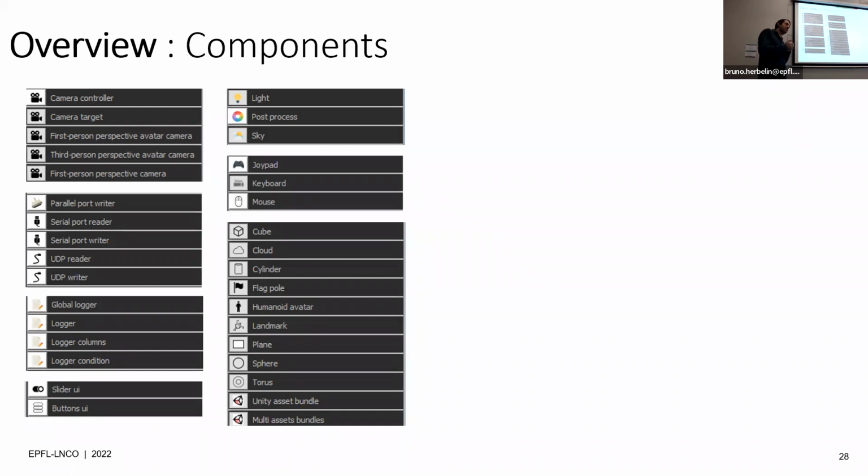You don't specifically need to use it, but you can define your own scene in Unity, create 3D stuff and have a nice rendering like you want, and you can save that into a specific component. It's quite easy, just a script you have to call, and you create this asset bundle file.